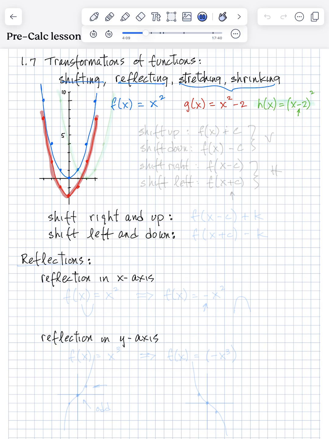So go back to the blue dots, move everyone to the right 2 places. So here, here, here, here. And so this is going to look like this. And this is h of x.